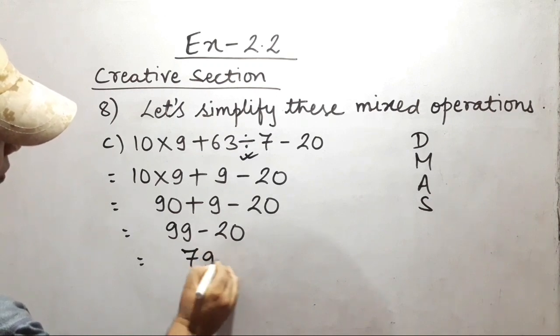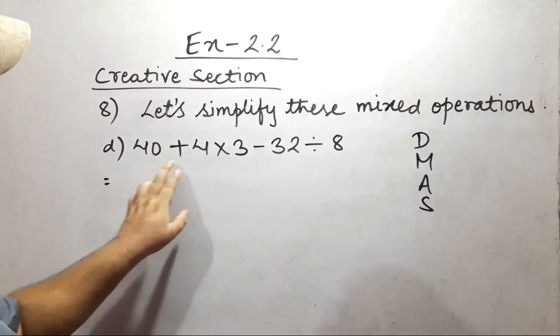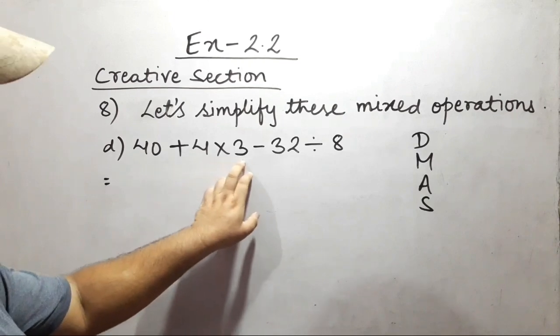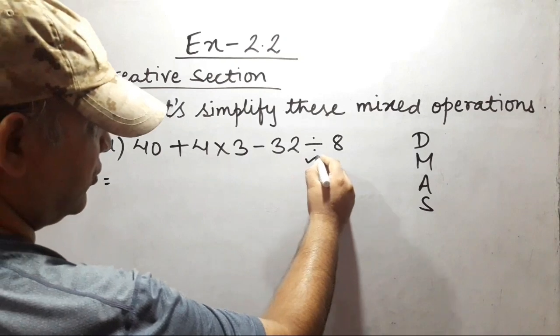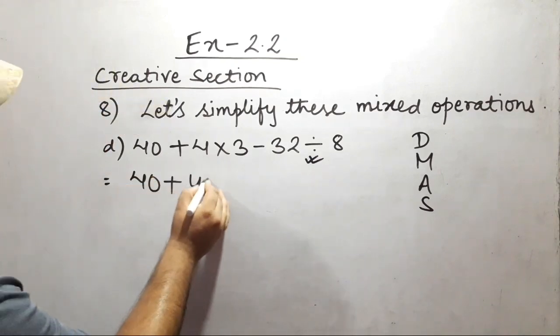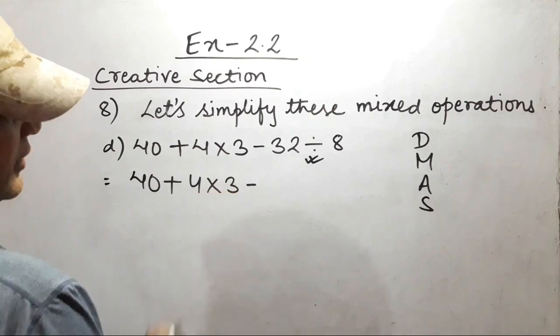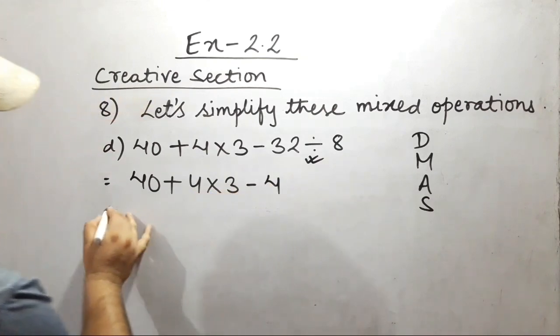Let's move to the next question. 40 plus 4 into 3 minus 32 divided by 8. So division at first. 8 4s are 32.